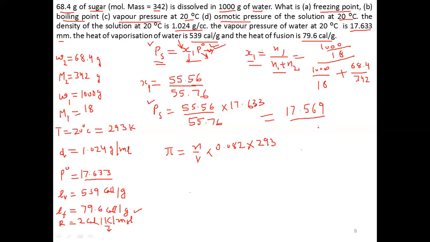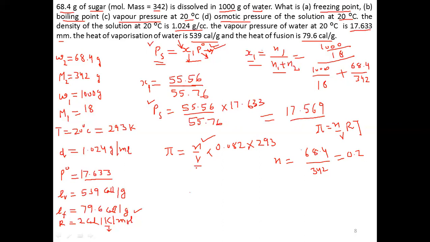So we have used the relation pi is equal to N by V R T. Now N is the number of moles, N2 we have. N is 68.4 divided by 342, which is 0.2. So N is 0.2.